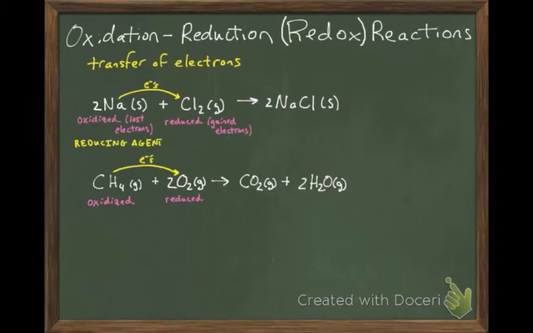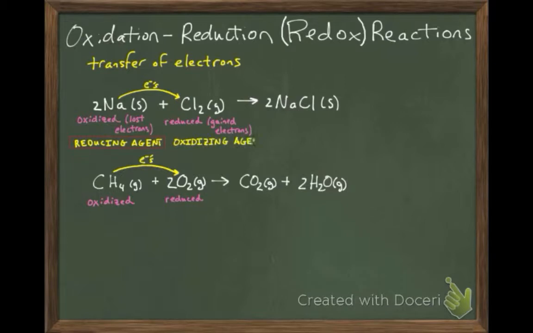On the other hand, the reactant which is being reduced is taking electrons away from the other reactant. It is oxidizing that other reactant, and therefore we call the species which is reduced the oxidizing agent.